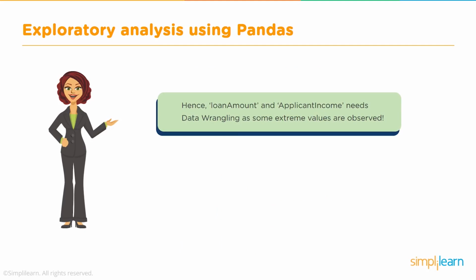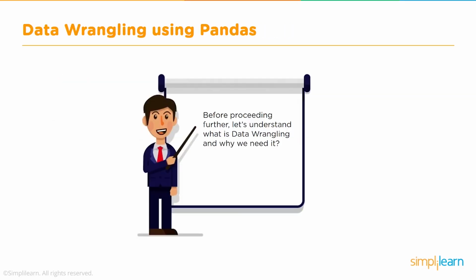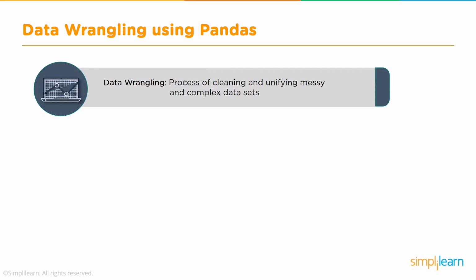Okay, what else can we do? We have now understood a little bit about the data. So we need to do some data wrangling or data munging and see if we can bring in some kind of normalization of all this data. Before we actually go into it, let's try to understand what data wrangling is. Data wrangling is nothing but a process of cleaning the data. There are multiple things that can happen.